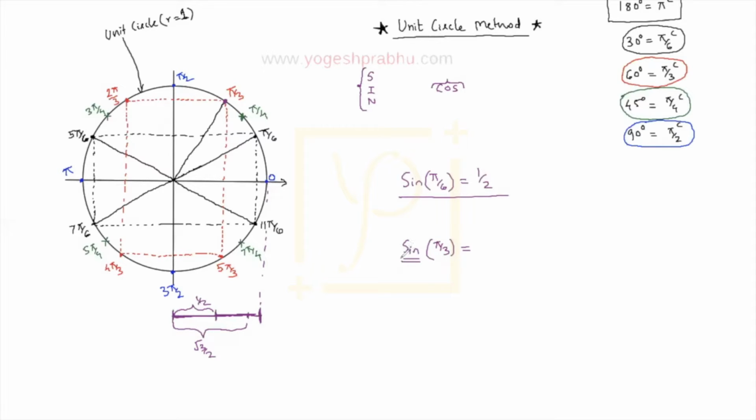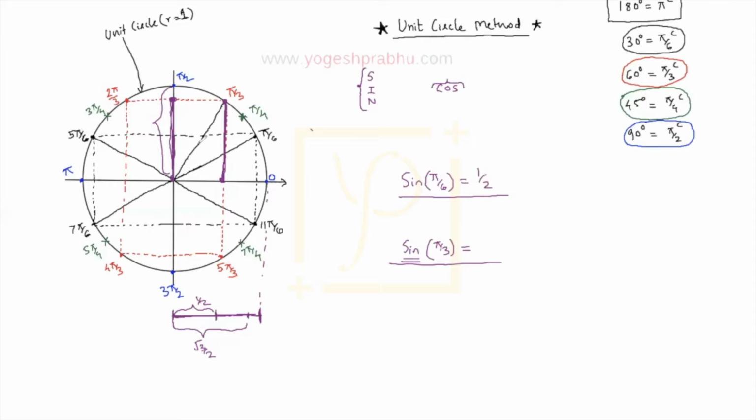So you have to measure vertical. Sine is vertical. Let us measure vertical. If I measure vertical for this angle, how much is the vertical height? Is it this height? And can you see this height is the same as this distance here? And do you see this distance is a little short of 1, because the radius is 1? This entire radius is 1. So our distance is a little short of 1.